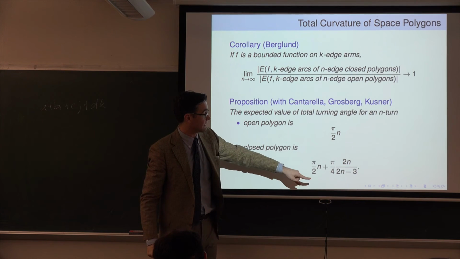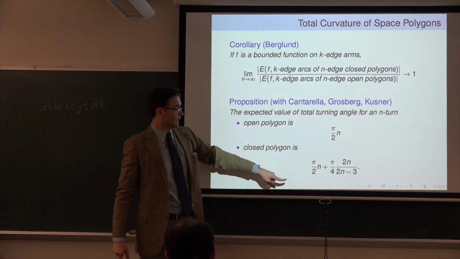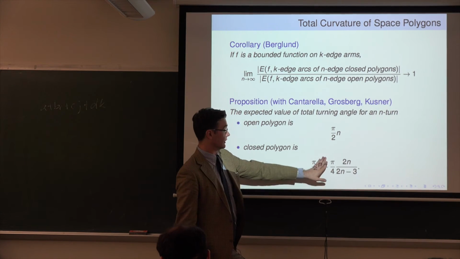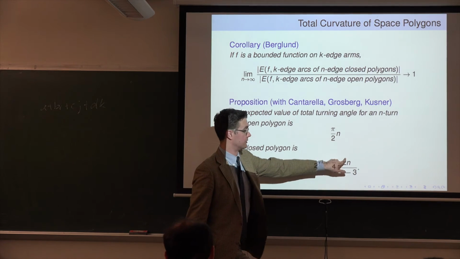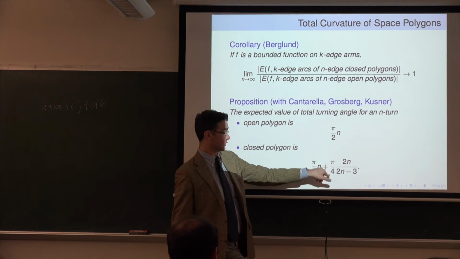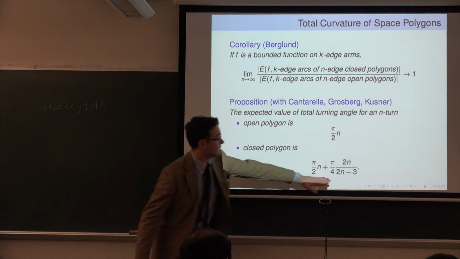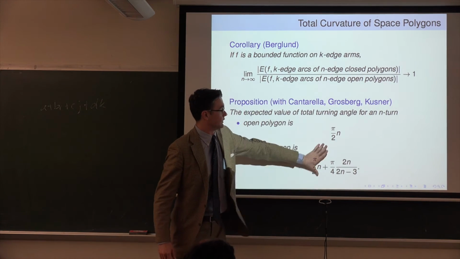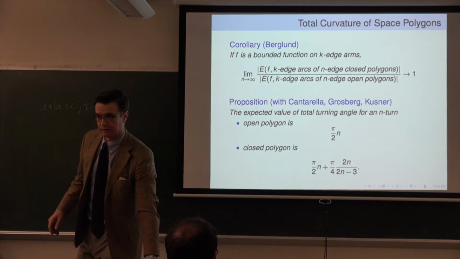But the theorem is that it's not so much more. If you look at a single angle, you're going to divide everything by n, so it looks like pi over 2 plus pi over 4 times 2 over 2n minus 3. So it's pi over 4 times 1 over n, basically. And you can see that if you take the ratio and let n go to infinity, you're going to indeed get 1, as expected.